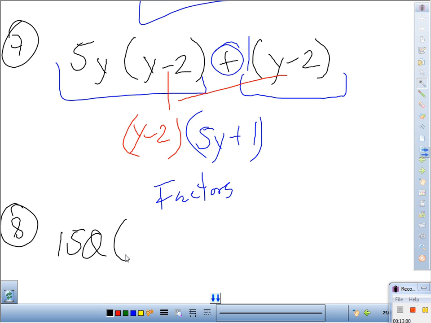15q parentheses q minus 1 close parentheses plus 8q open parentheses q minus 1.